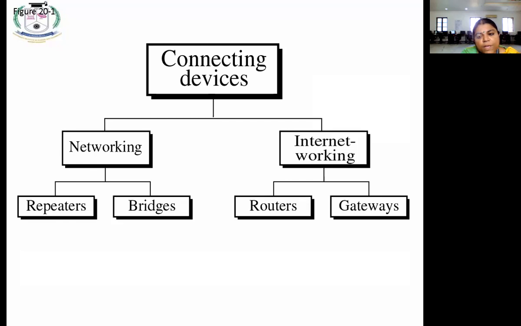Then we have 2 different networks, and if they are going to be connected together, then we use the connecting devices which are the routers and the gateways.